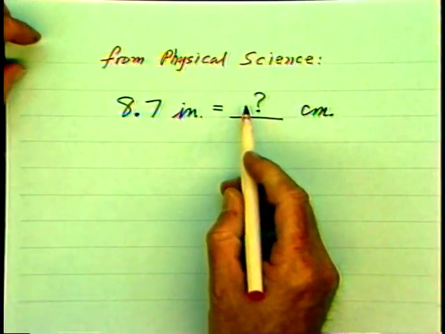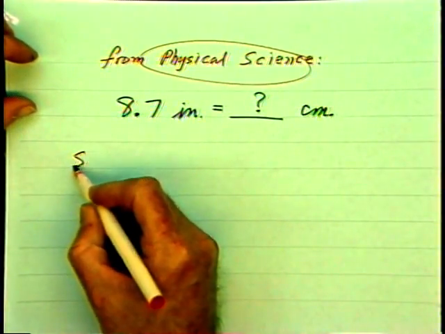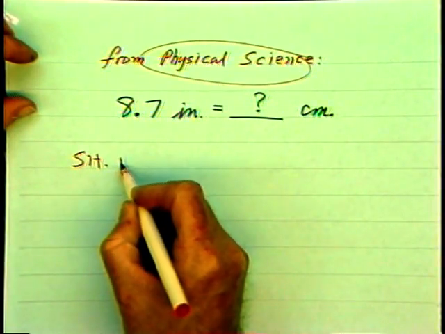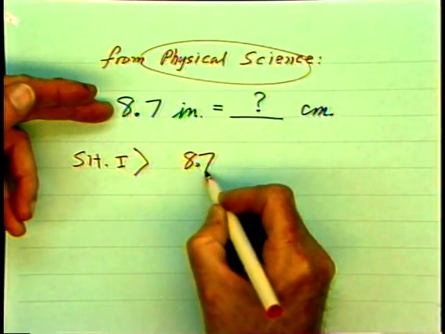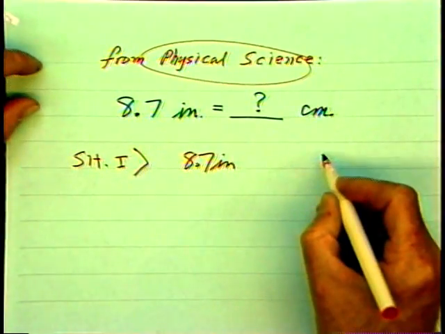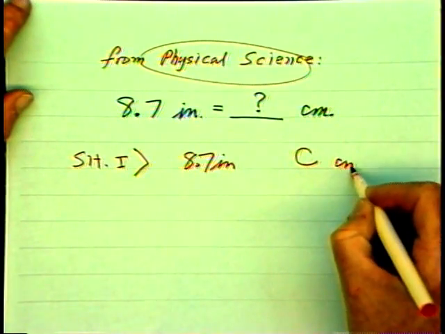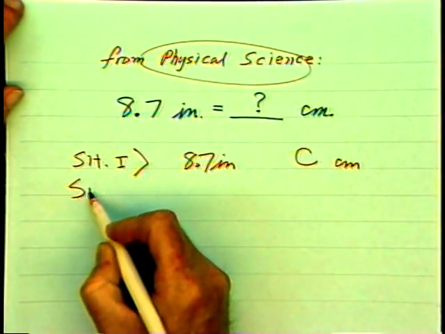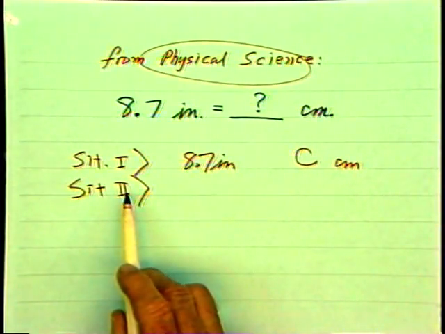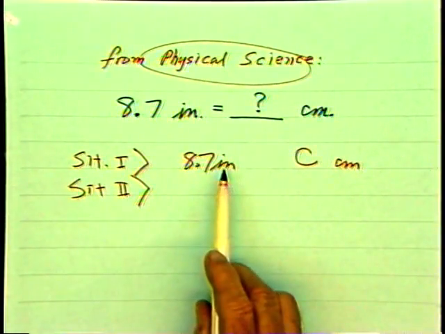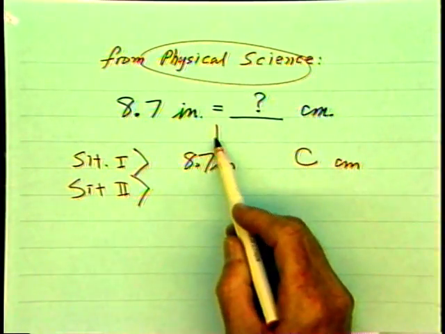Then you suddenly realize this question, which came from a physical science class, is really a proportion situation. They're saying, in this case, I have 8.7 inches, and I want to find its centimeters, so I'll call it C centimeters. So I ask myself, do I know any other situation where I know a relationship between inches and centimeters?